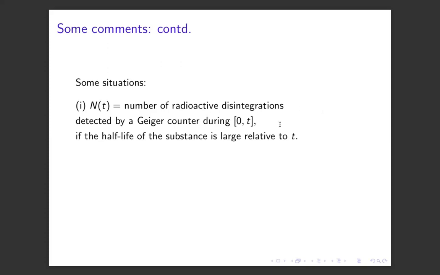In this case, one of the basic assumptions you should make is about the half-life of the substance, since it's a radioactive substance. That is the time period when the amount of radiation becomes half. That time period should be considerably larger relative to the time scale you are using here.